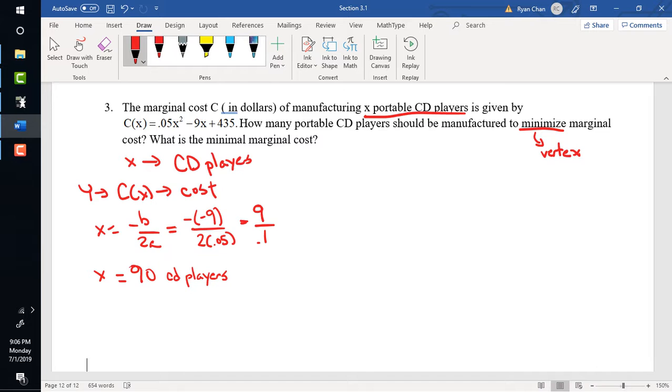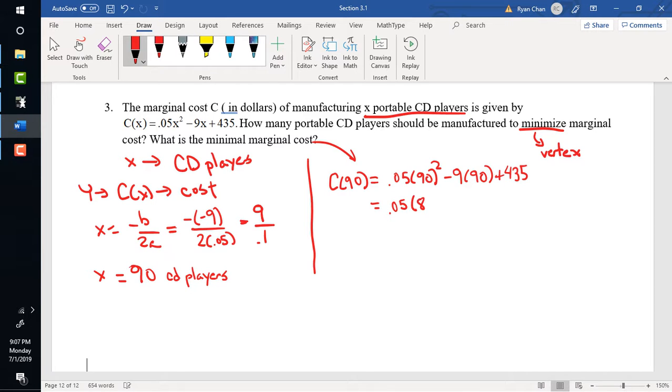So then, the second part, how to find minimal marginal costs, again, pretty straightforward as what we've been doing before. Right, I'm going to plug 90 into my function. Okay, so that is 0.05 times 90 squared, which is 8100.